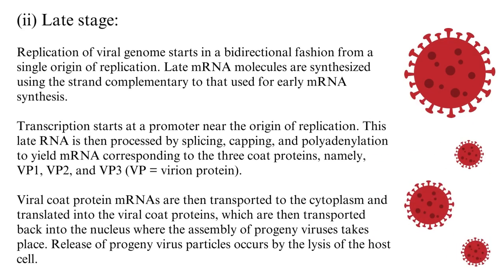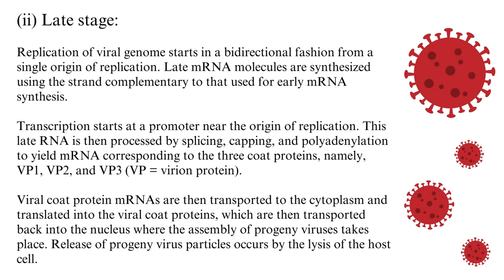Late stage. Replication of the viral genome starts in a bidirectional fashion from a single origin of replication. Late mRNA molecules are synthesized using the strand complementary to that used for early mRNA synthesis. Transcription starts at a promoter near the origin of replication.